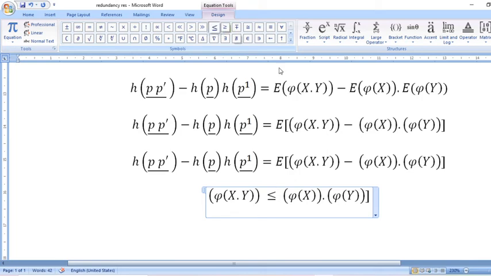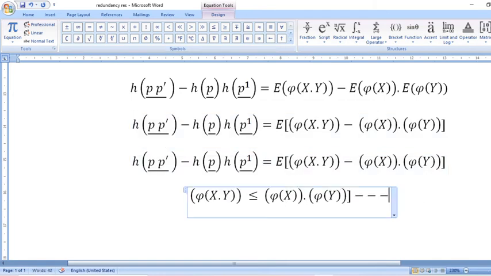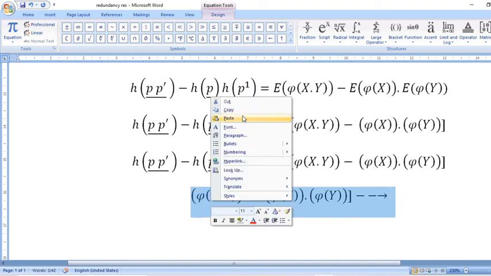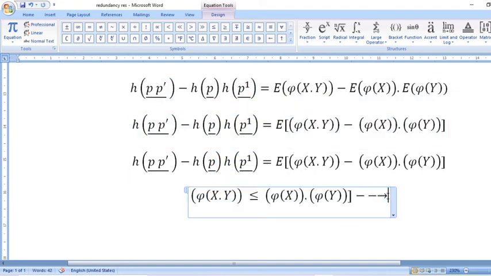So if it holds, we can easily say that this implies, what will be the next step?